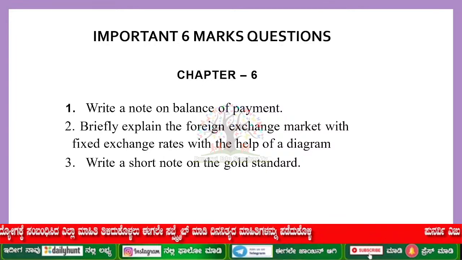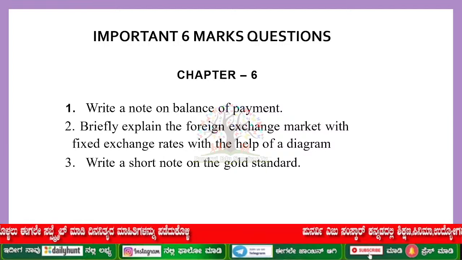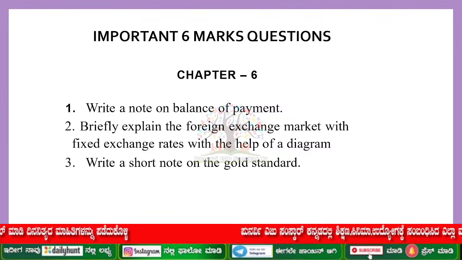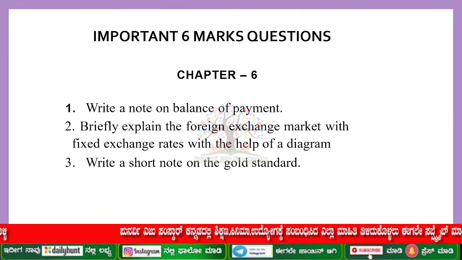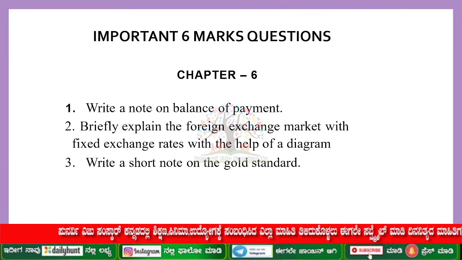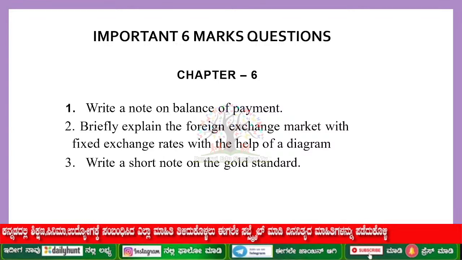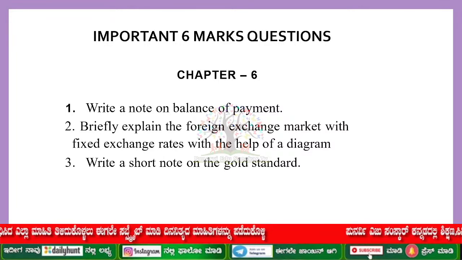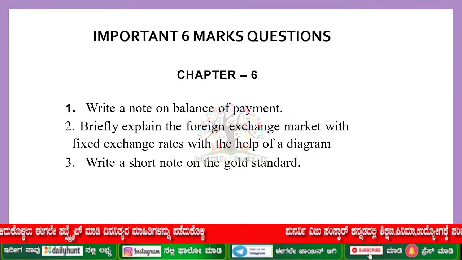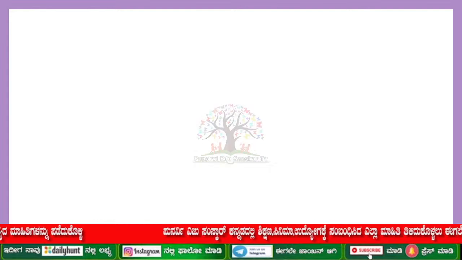So out of these 3, one 6-mark question you can expect, dear students. And if you prepare all these questions, you may be able to get 24 on 24. But still, don't depend only on these questions. Please do prepare all important 6-mark questions from other chapters too. This is my suggestion for you.